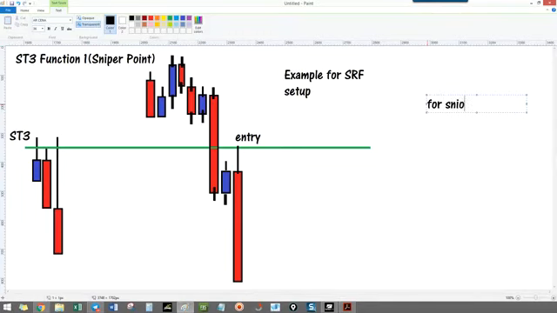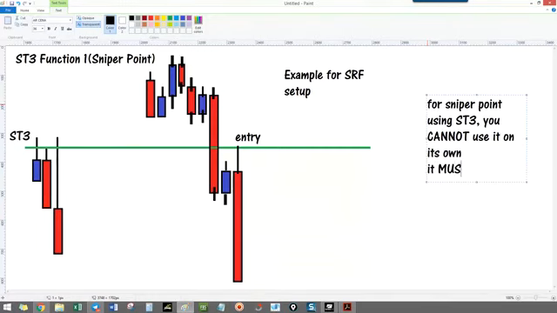For sniper point using ST3, you cannot use it on its own.